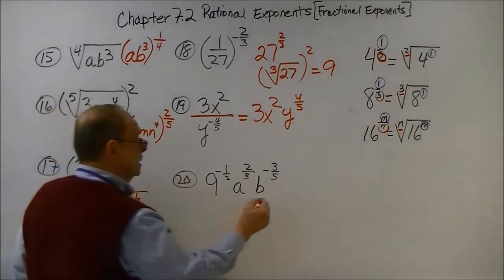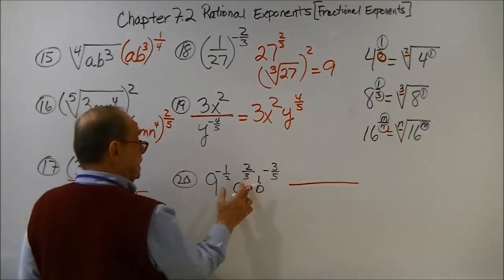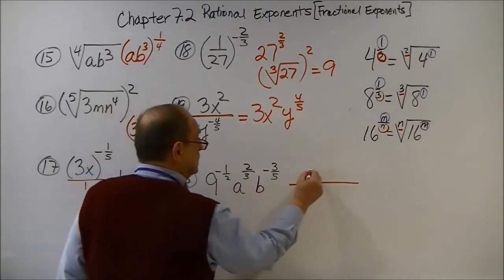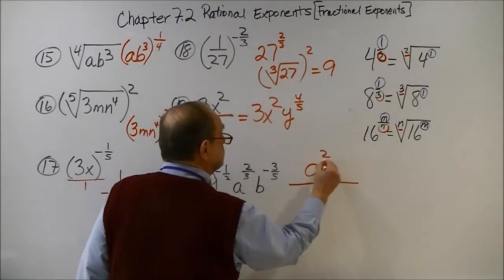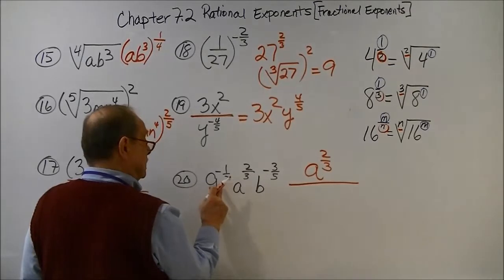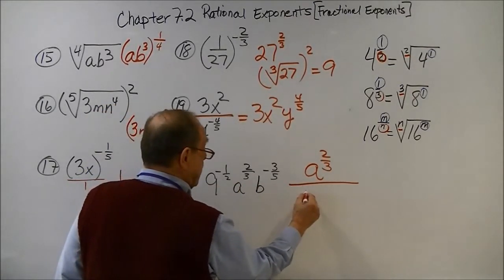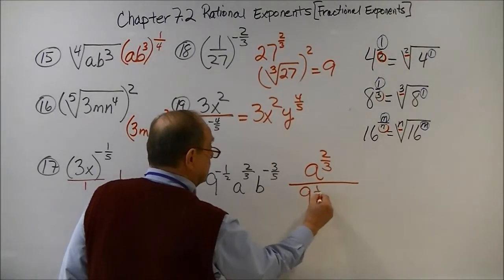And for this one, there's our division bar. A to the 2/3 stays on top, because that's already positive. The 9 goes down to our denominator as 9 to the 1/2.